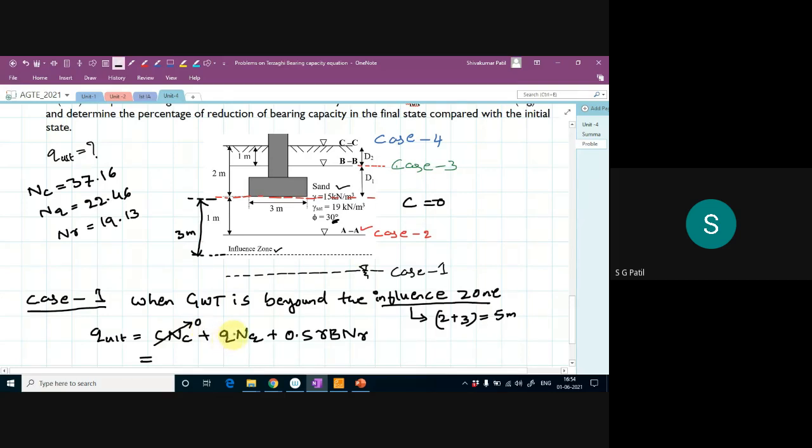Now tell me, how much will q be? 2 into your bulk unit weight. What is the bulk unit weight they given? Bulk unit weight is 15 kilonewton per meter cube.